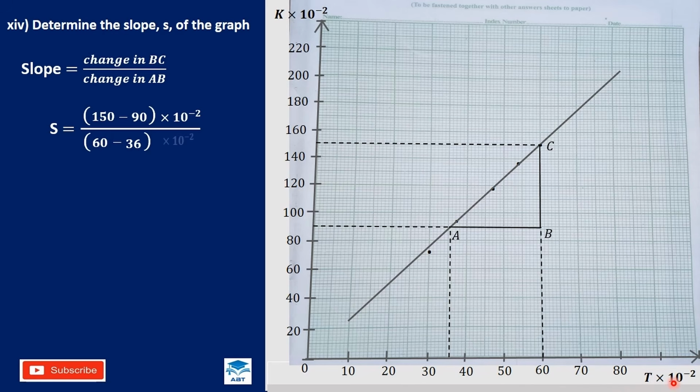Remember, times 10 exponent negative 2. So times 10 exponent negative 2 will cancel out. And 150 minus 90 is 60, and 60 minus 36 is 24. So we divide 60 by 24 and we have 2.5 as our slope.